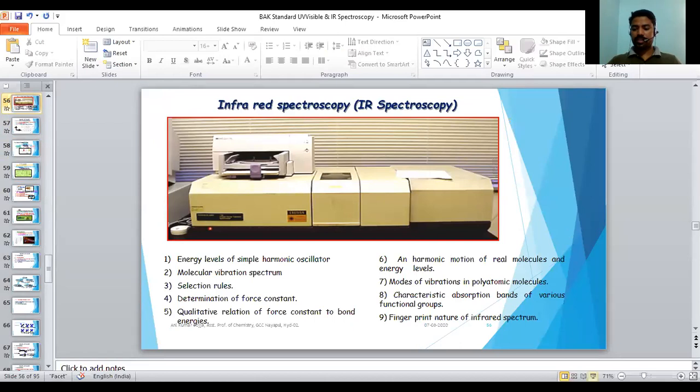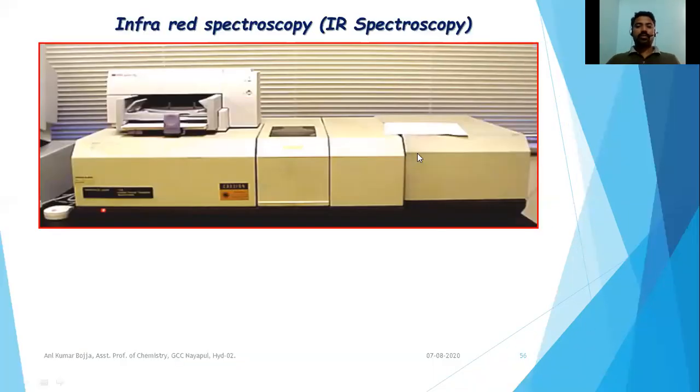Here you can see the infrared spectroscopy instrument. This is the probe where we load the sample, and inside this part we have the beams. Those beams are responsible for the production of the light source. Light sources are used, and some other filters and inside equipment will be somewhat different.